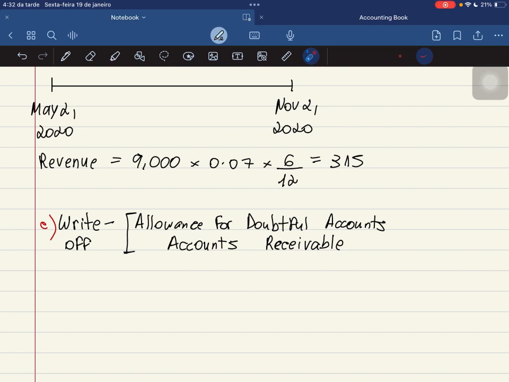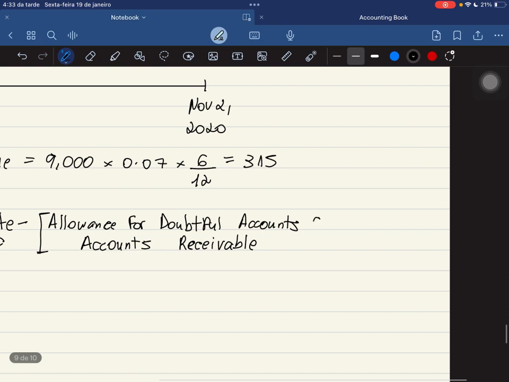So we originally had this allowance that we are going to use exactly to cover those people that are not going to pay us, right? We're going to use this money, so that's why we have to deduct this allowance, because this is a case where the person is not going to pay me anymore. So I'm going to deduct this allowance that I had for these doubtful accounts.